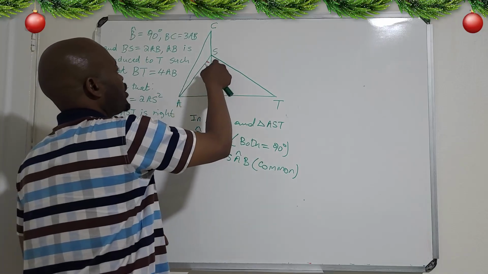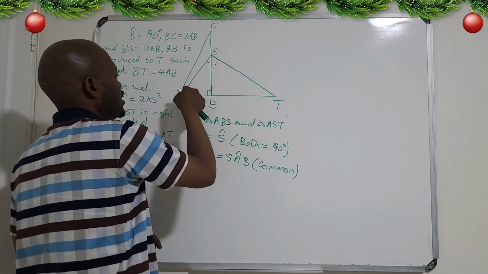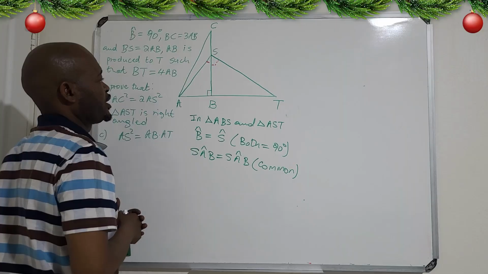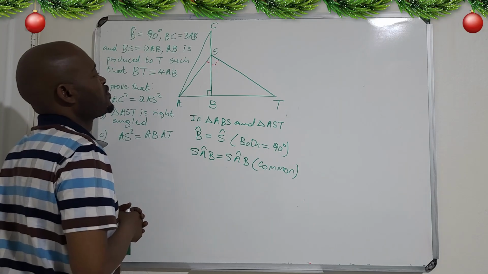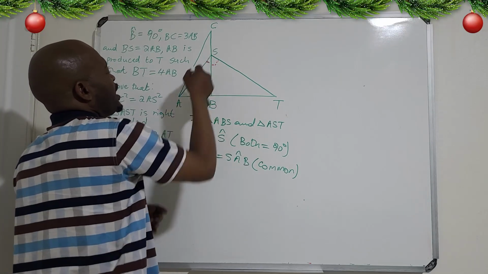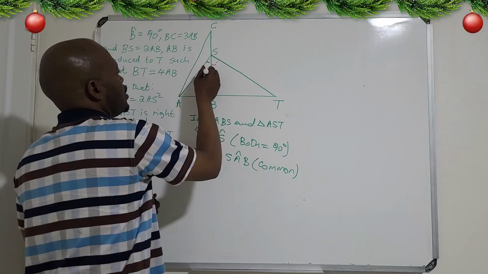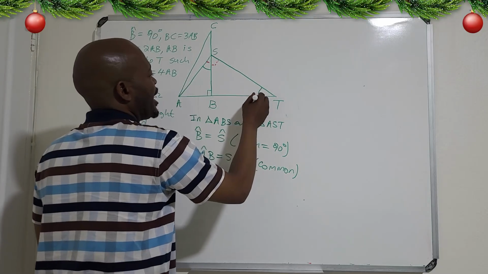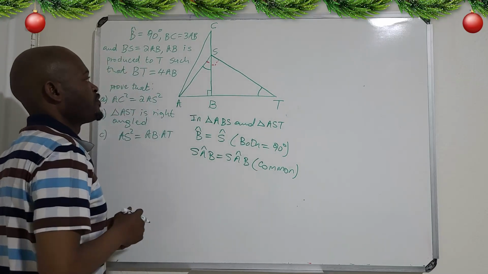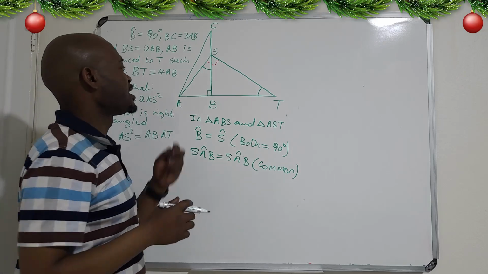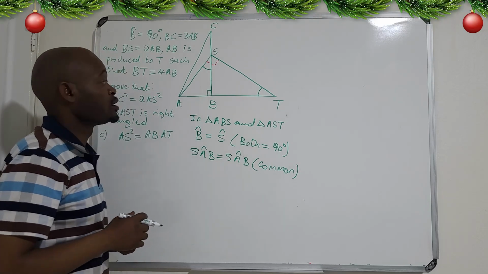Now, we have shown that this is equal to that, and this is equal to that angle here. Now, obviously, we know that this angle here is going to be equal to that angle there. We are definitely sure of that because that's your third angle of a triangle.